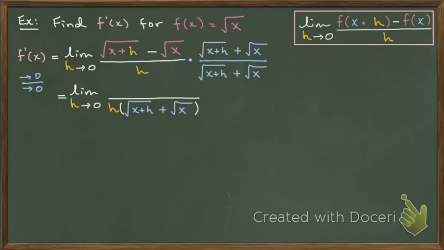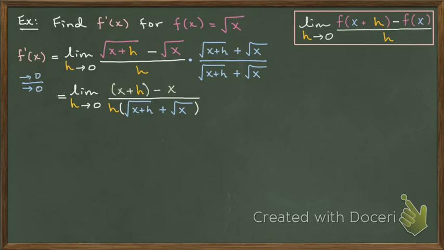In the numerator, I am going to FOIL, and what I get is a difference of squares. Square root of x plus h squared is just x plus h, minus square root of x squared is just x. When we've got radicals split up like that, that's an indicator that we're going to look towards the conjugate to help.